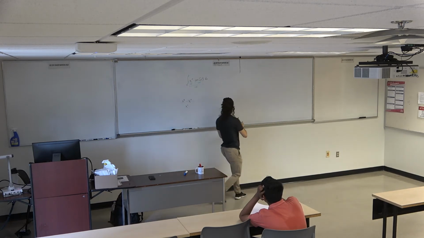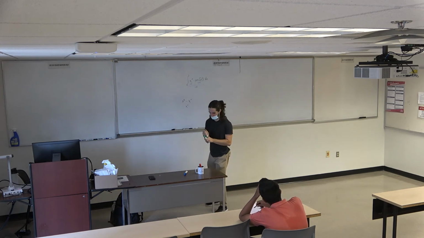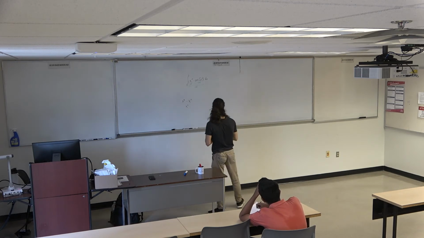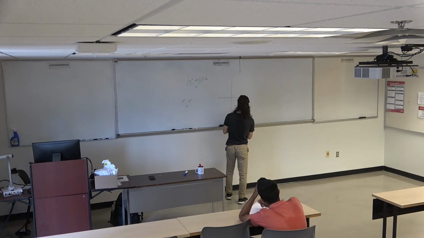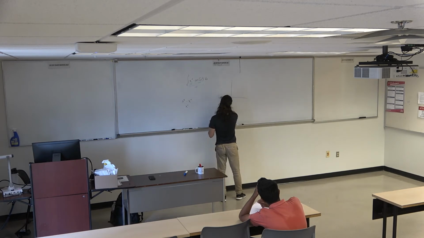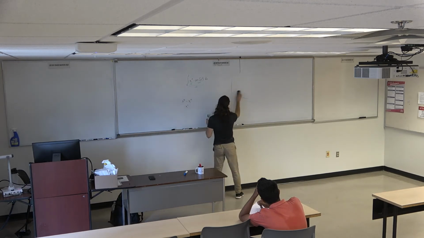And what that means for odd functions, what the heck have I done here? This is the wrong one. Odd functions look like this. Sine is an example. I should have drawn a different example.